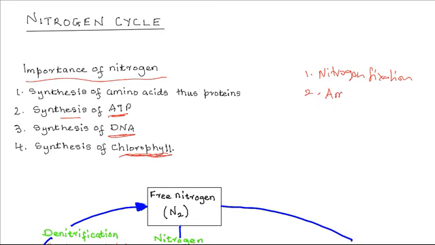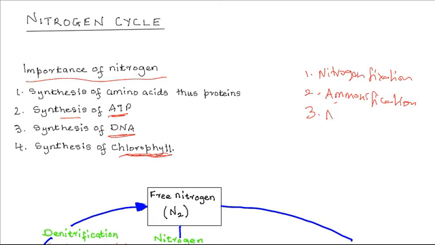Then there is ammonification, which is a type of decomposition in which organic matter that contains proteins is broken down, and one of the products is ammonia. So the production of ammonia through decomposition is what is known as ammonification.